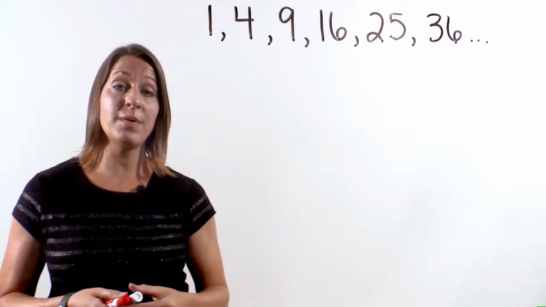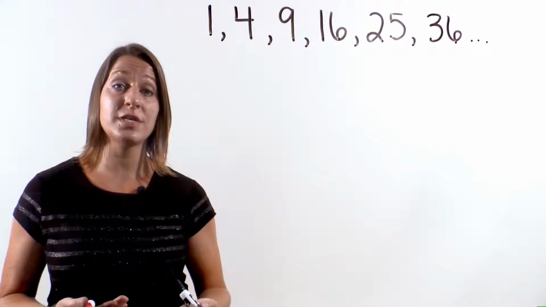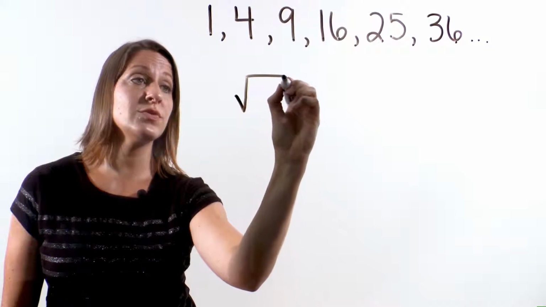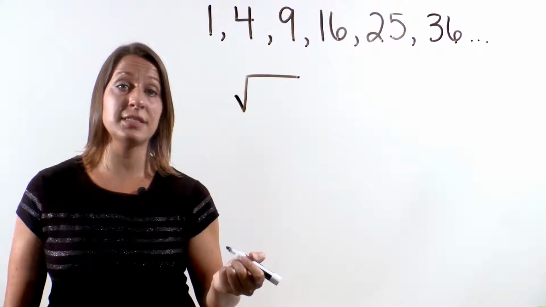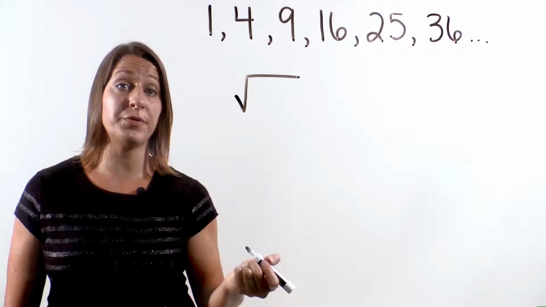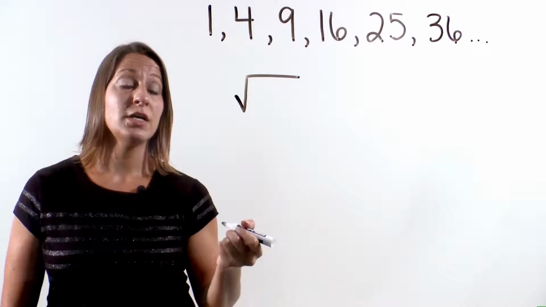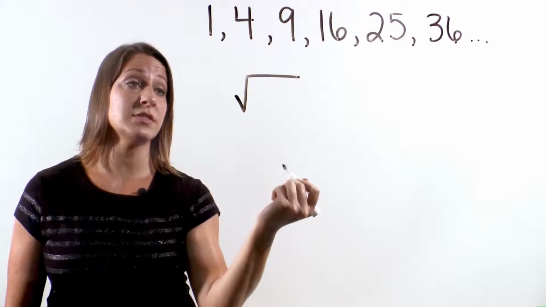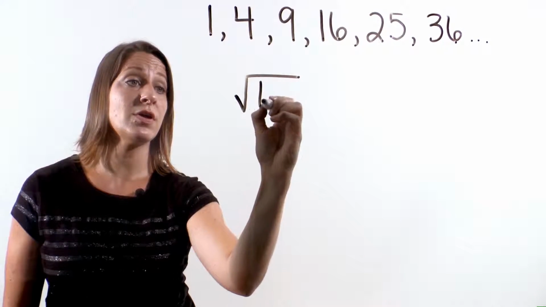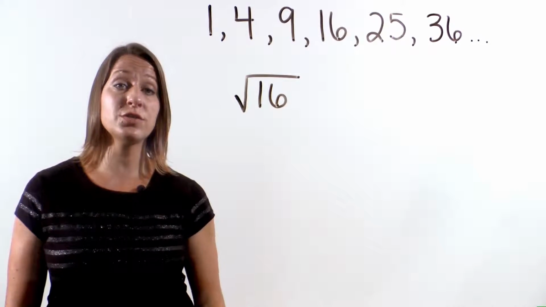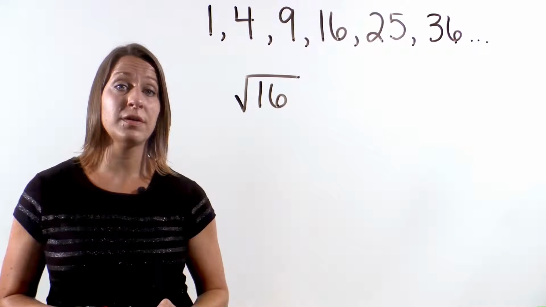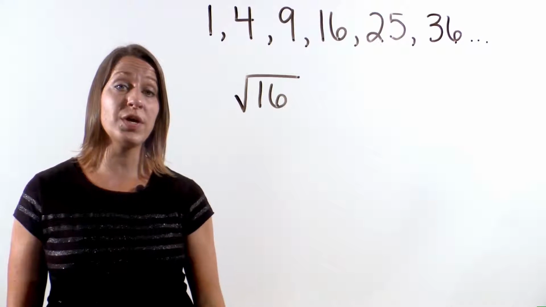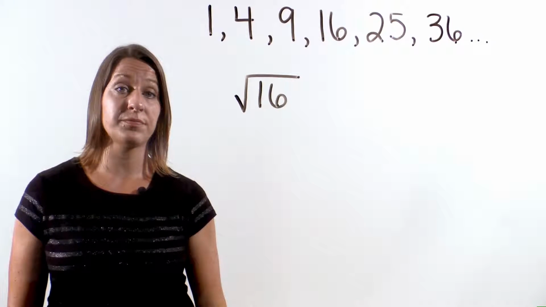So in this video, I'm going to show you how to take the square root of numbers. The square root symbol is drawn like this. It's also called a radical symbol. So for example, if I were to choose any of these numbers, I would put that number under the radical sign, and you would say this problem, what is the square root of 16?